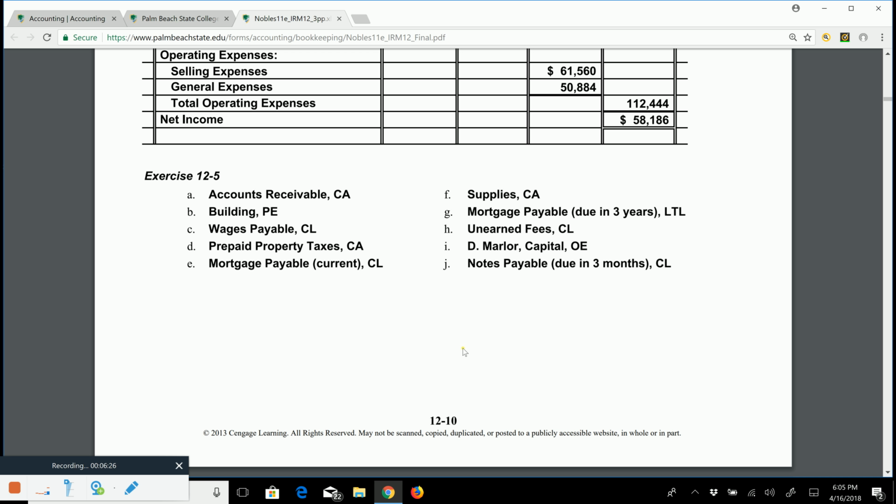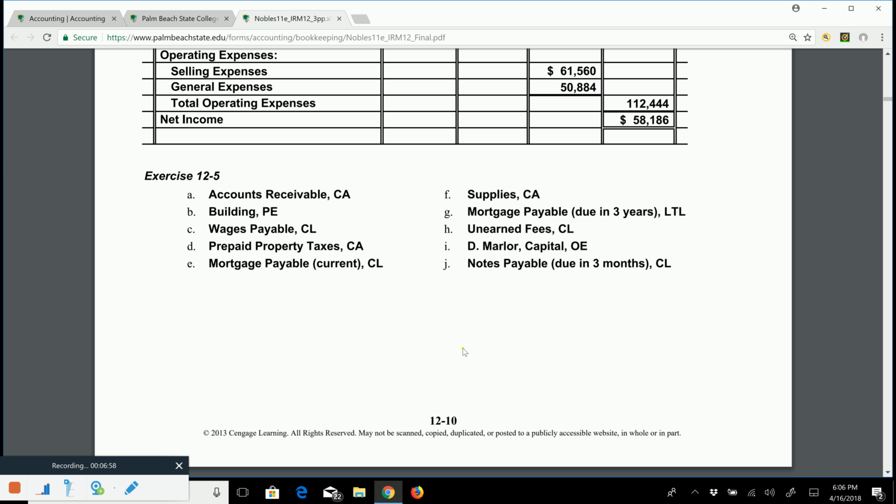And using the same logic that we talked about when we talked about the assets, the current liabilities are those liabilities that are going to be paid up or converted to a revenue item within 1 year of the balance sheet date. The long-term liabilities, on the other hand, are those liabilities that are due greater than 1 year from the balance sheet date. And then our last section of the balance sheet is called the owner's equity.